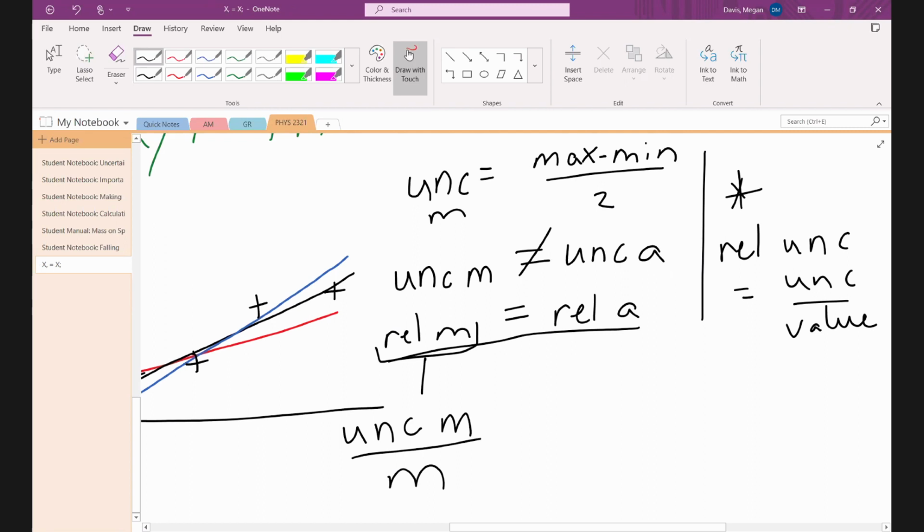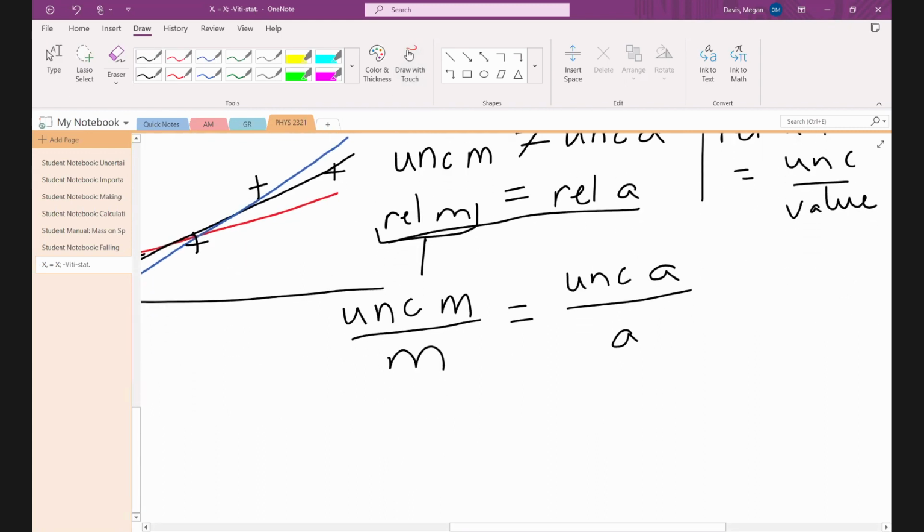You get this uncertainty in the slope using the max-min method. You have a slope that you got from your trend line. So you know both of these numbers. Our relative uncertainty in acceleration, we can get the same way. It's just the uncertainty in the acceleration divided by acceleration. This is what you are trying to solve for.